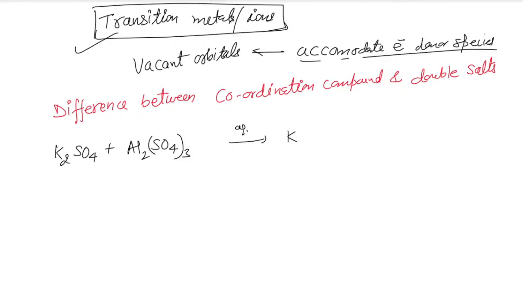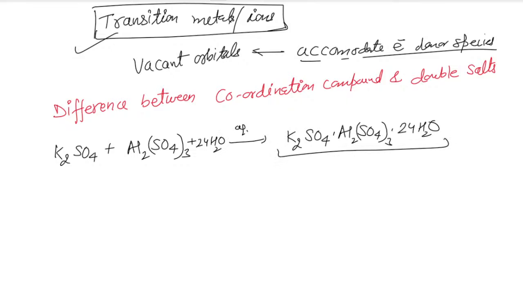We get K2SO4·Al2(SO4)3·24H2O. What is this? Tell me, what is the name of this compound? Tell me, beta. What is this?